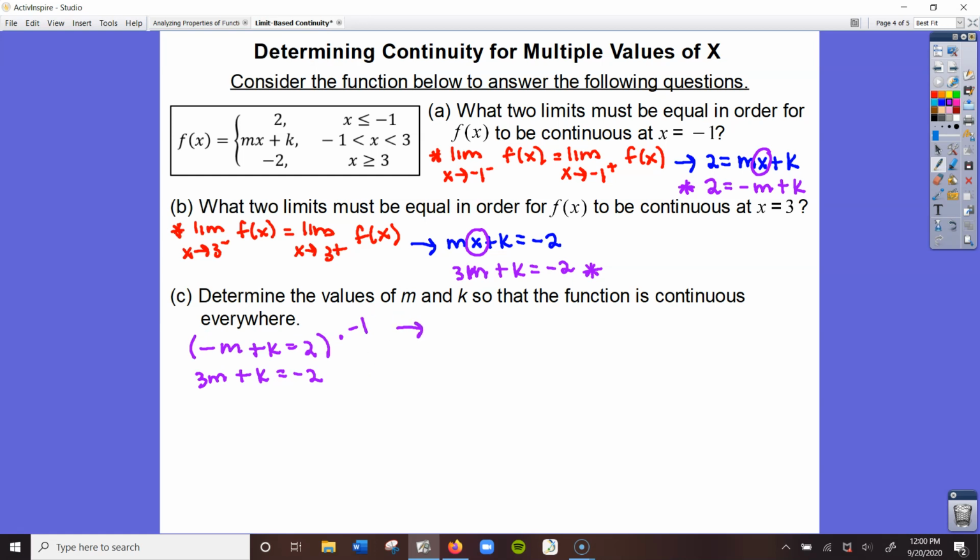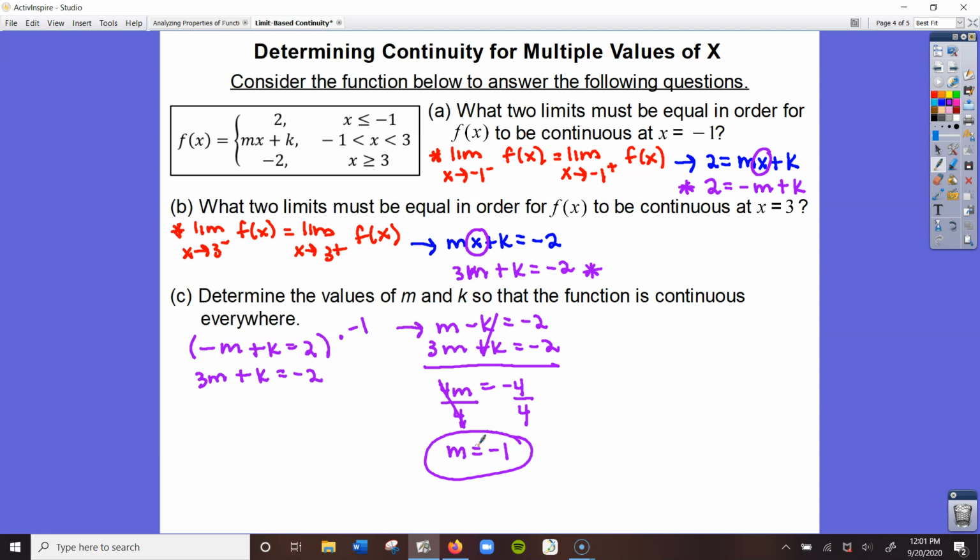What that leaves me with is m minus k is equal to negative 2. And then my second equation, 3m plus k, is equal to negative 2. When I combine these, I get 4m is equal to negative 4. Then I can solve for m by dividing by 4, and I get that m is equal to negative 1.